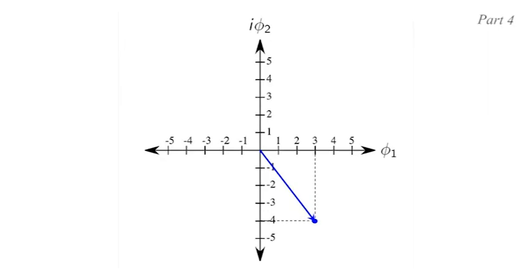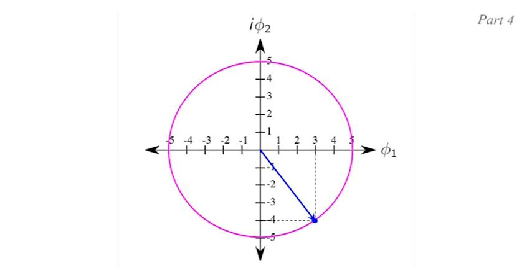The size or magnitude of phi could then be shown as a radial line on the diagram of size 5, square root of 25. In fact, there will be lots of different complex fields with different values of phi1 and phi2, which have an absolute value of 5. And they could be shown as lying on a circle of radius 5, shown here in mauve.